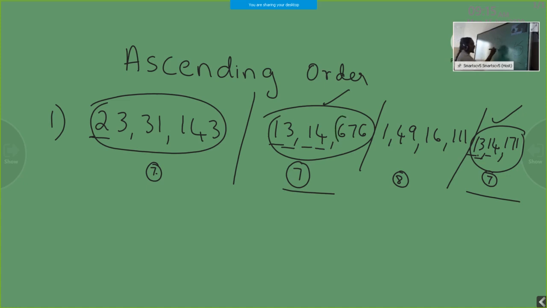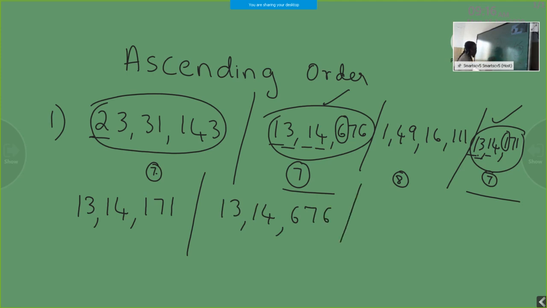So the digits in the hundreds place, in one number it is 6 and in the other number it is 1. So which one is smaller? 1 is smaller. So we found the first number in this ascending order. Which is the first number? 13,14,171. Then definitely the next number will be 13,14,676. So we got two numbers in this ascending order.